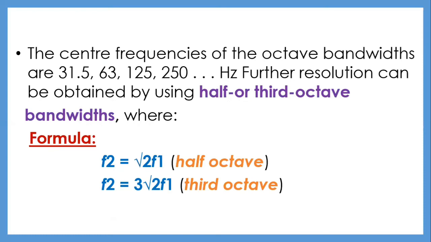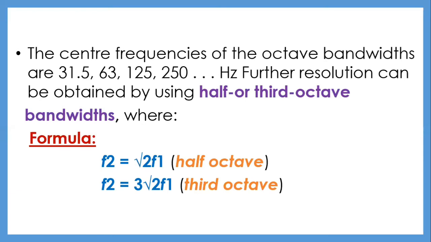Further resolution can be obtained by using half or third octave bandwidth, where f2 is equal to the square root of 2 times f1, which refers to our half octave, and f2 is equal to the cube root of 2 times f1, which refers to our third octave. Now, the center frequency of a bandwidth is given by the geometric mean of the upper and lower frequencies.